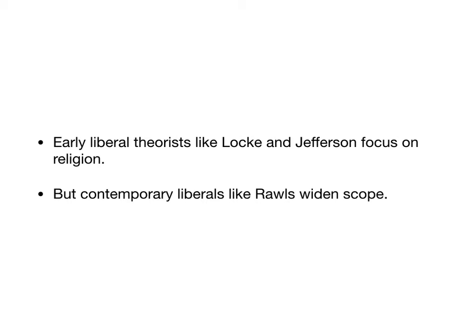But contemporary liberals like Rawls will widen the scope. And what this means by the state shouldn't promote any vision of the good life, well, part of it I think you can see with religion, right? The state shouldn't favor Christianity, it shouldn't favor Islam, it shouldn't favor Judaism, it shouldn't favor any specific kind of any of those religions.